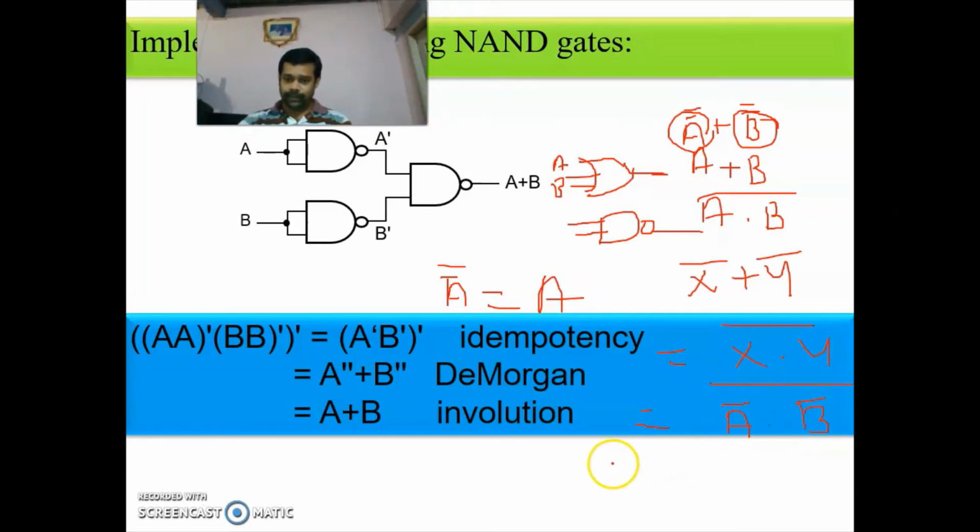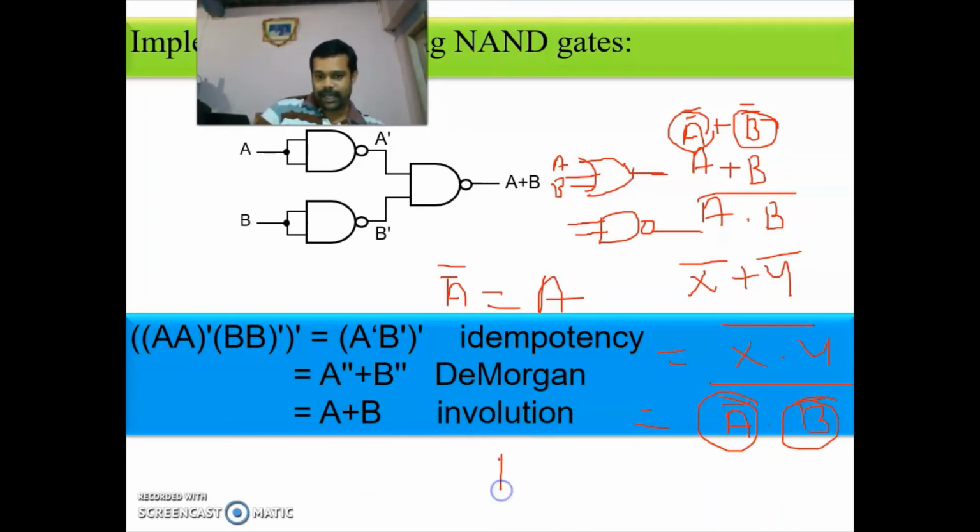So we are inverting the inputs A and B, and if you are implementing by using NAND gate, then we will be getting the same thing.